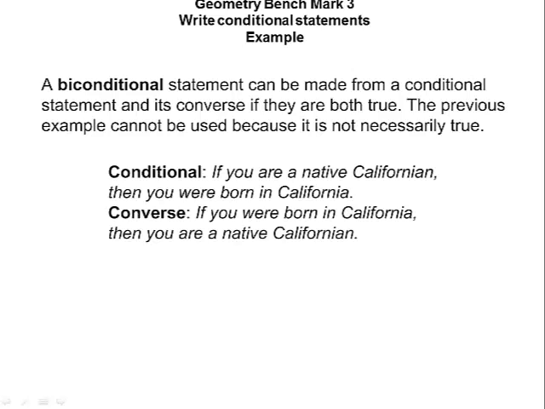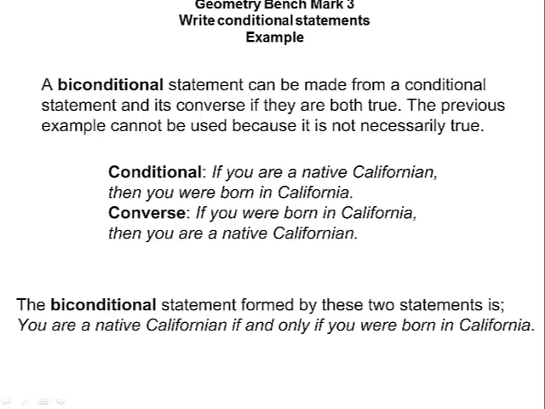But we can use these. If you are a native Californian, then you were born in California. This is true, right? You're not a native Californian unless you were born there. If you were born in California, then you're a native Californian. Also true. So we can write the biconditional: you are a native Californian if and only if you were born in California.